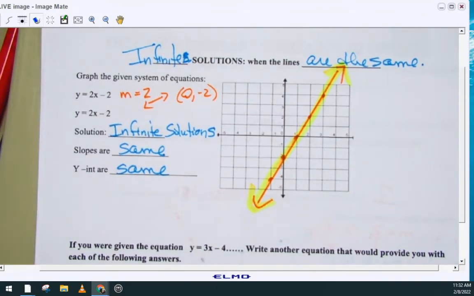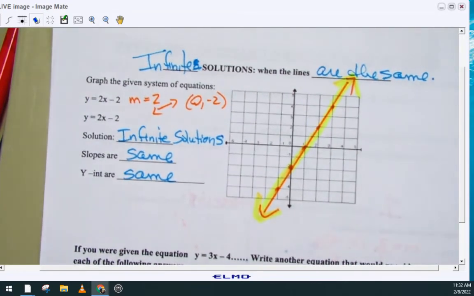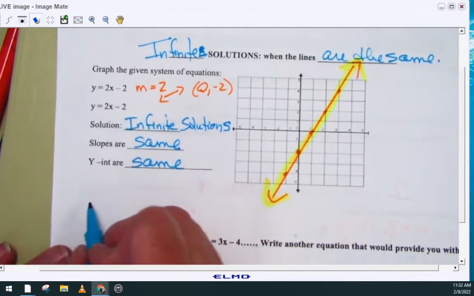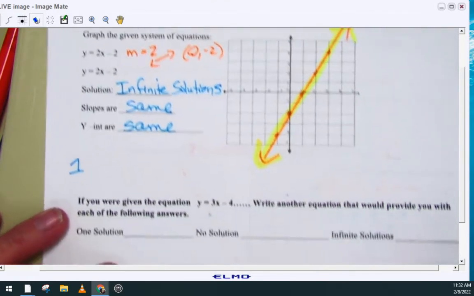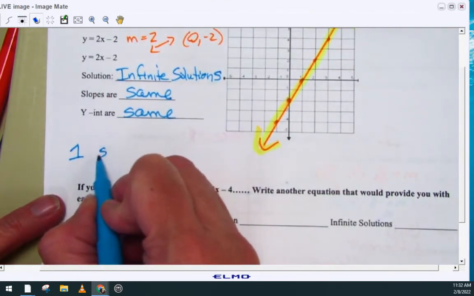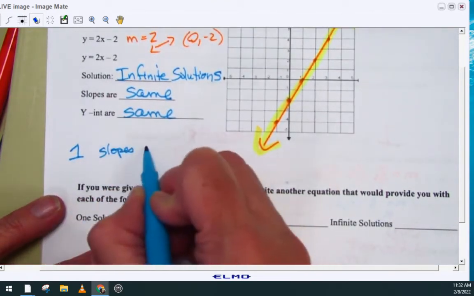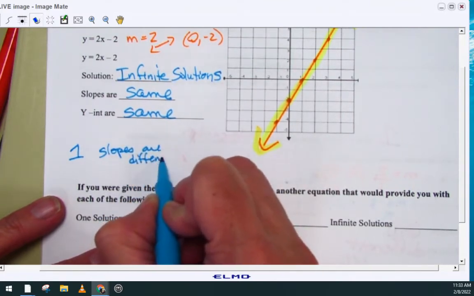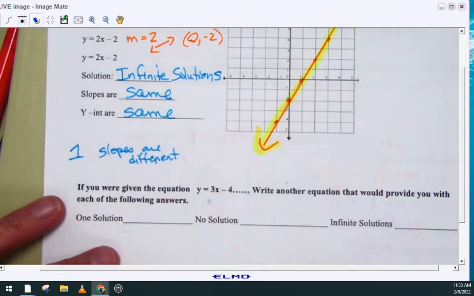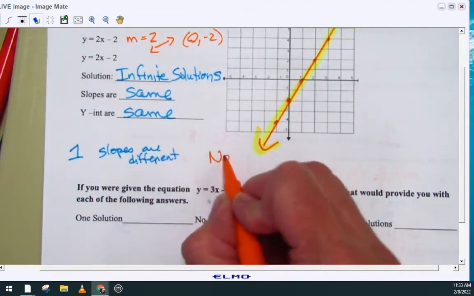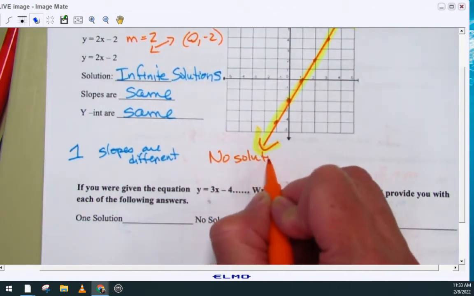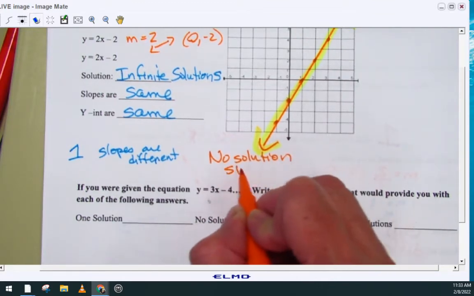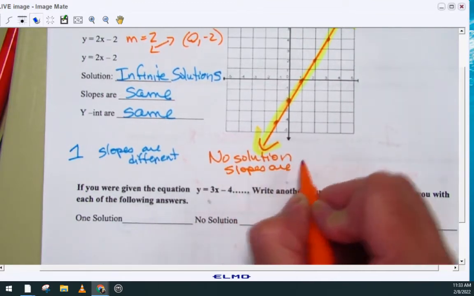Okay, so what did I just say? If there's one solution, the slopes are different. Just think of that. Don't worry about the y-intercept for that one. The slopes are different. If I have no solution, the slopes are the same.